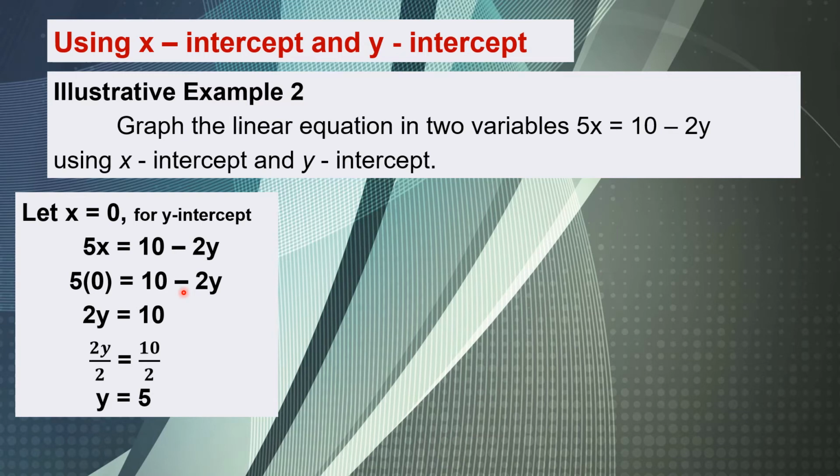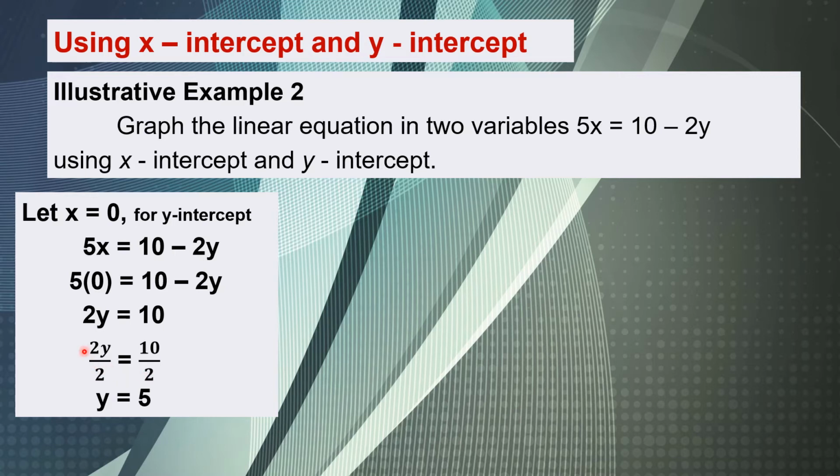So, since yung negative 2y natin ay andito sa right side, kailangan natin siyang ilipat sa left side. Kasi yung y ay dapat laging nasa left side. So, pag nilipat natin ang negative 2y sa ating left side, ay magiging positive 2y. So, we have now 2y equals 10. So, para matanggal itong 2 at y lang ang matira, i-divide natin both sides of the equation ng positive 2.